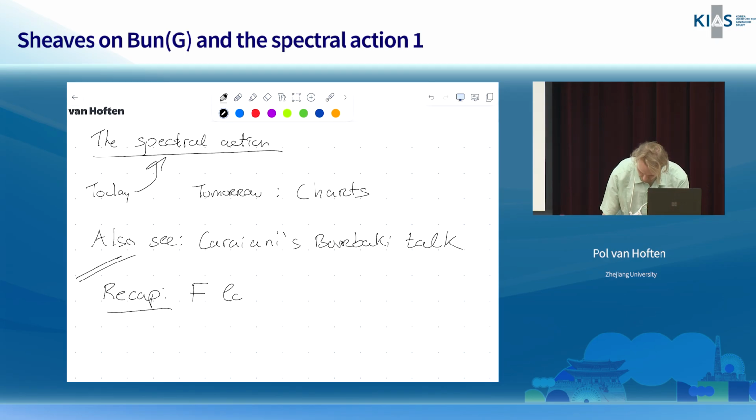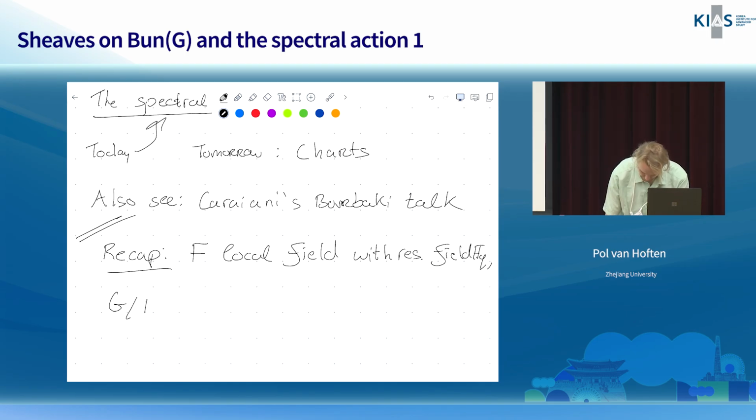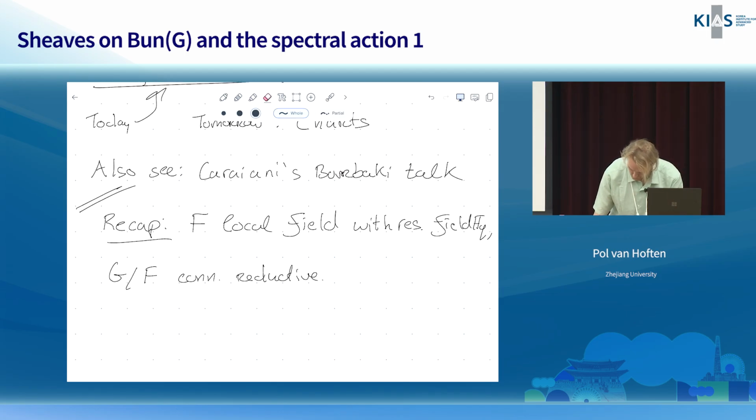Okay, so we have F. F is a local field with the residue field F_q. And G over F is a connected reductive group.